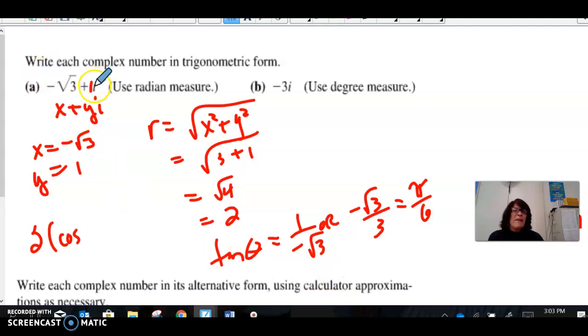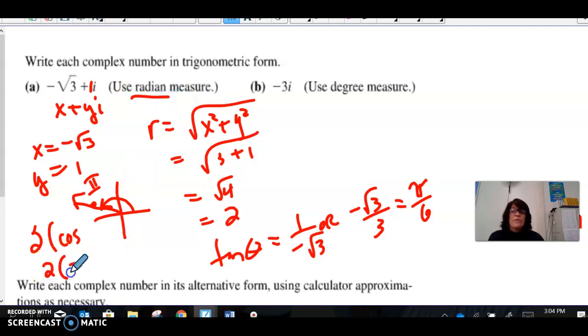Well, that's great, but am I in the first quadrant? My x is negative square root of 3, and my y is 1. A negative x and a positive y. I'm in the second quadrant. So in the second quadrant, that would be what? 5 pi over 6? Okay, so you have to be careful.